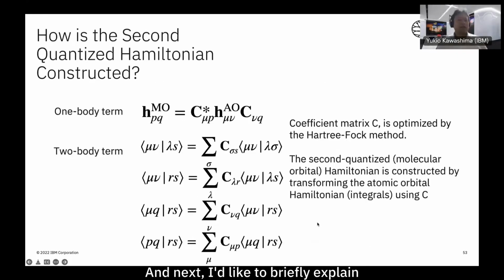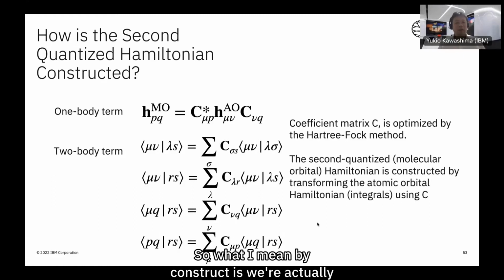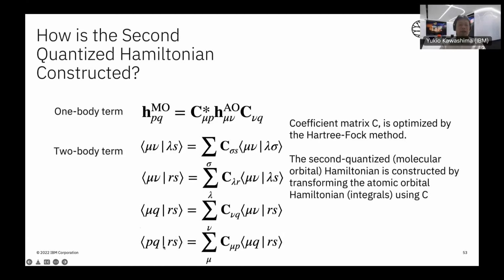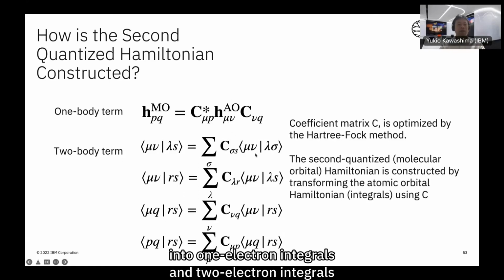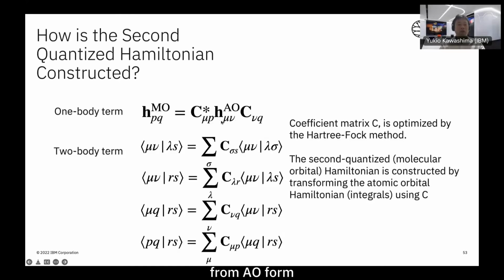Next, I'd like to briefly explain how we construct the Hamiltonian. What I mean by construct is that we're calculating and transforming the one-electron integrals and two-electron integrals from AO form to MO form.